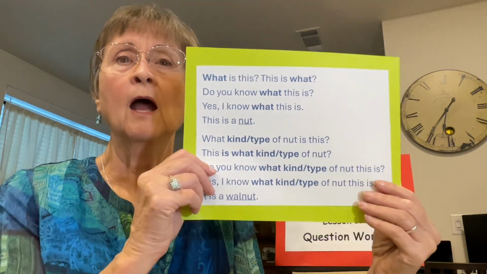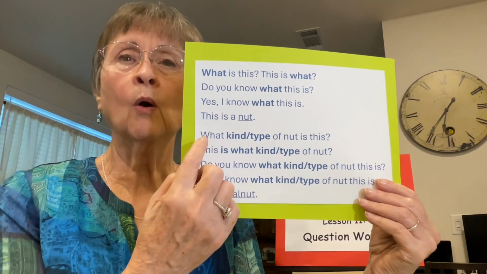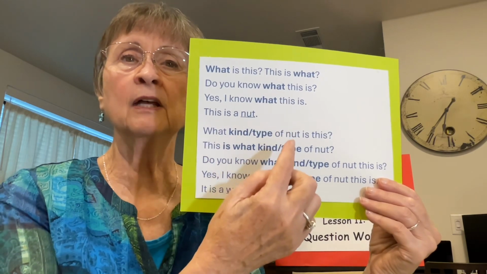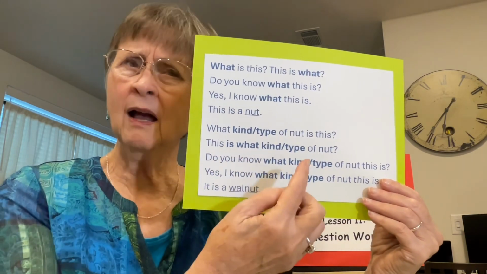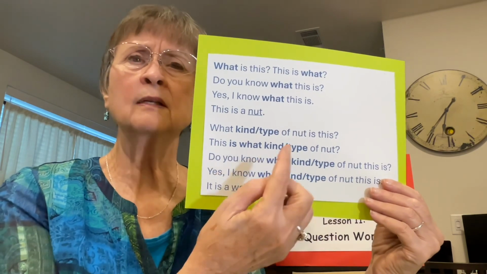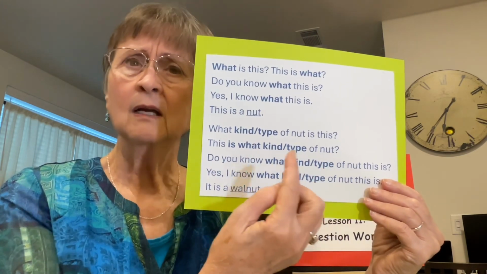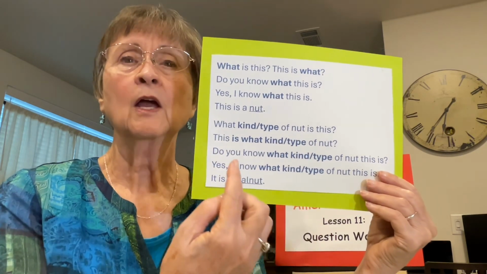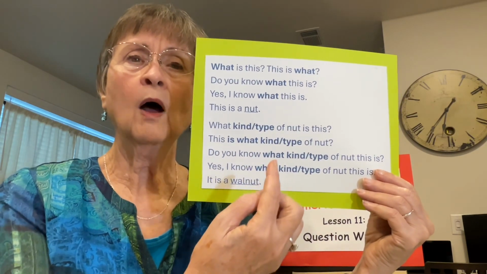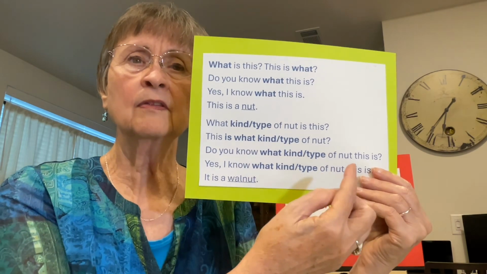Okay. What kind or what type of nut is this? This is what kind of nut? This is what type of nut? Kind and type almost always mean the same thing. Do you know what kind of nut this is?